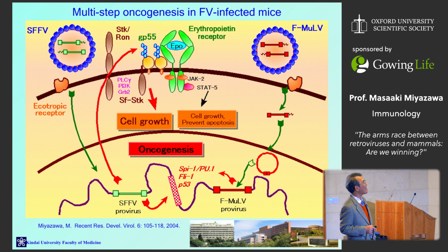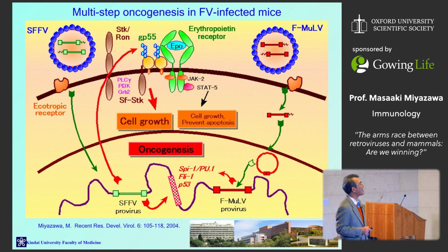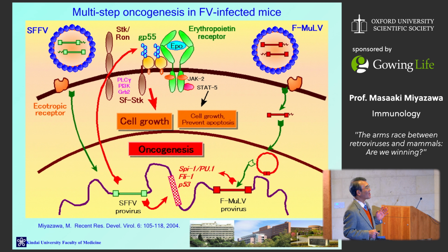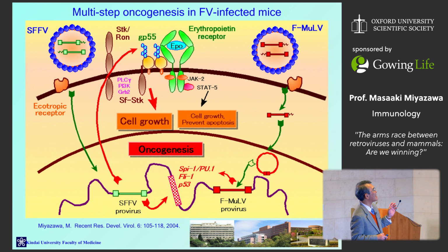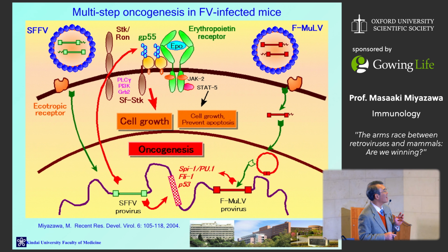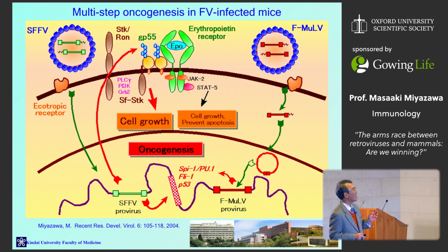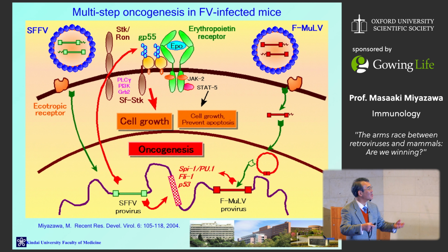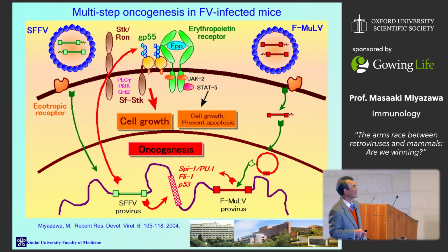On the other hand, the other component of the Friend virus is the so-called spleen focus forming virus, and it is defective. It does not contain all the structural genes, but it contains a defective envelope gene, the product of which is expressed on the surface of the infected cells and interacts with the erythropoietin receptor and causes the proliferation and differentiation of infected cells into erythrocytes, red blood cells.